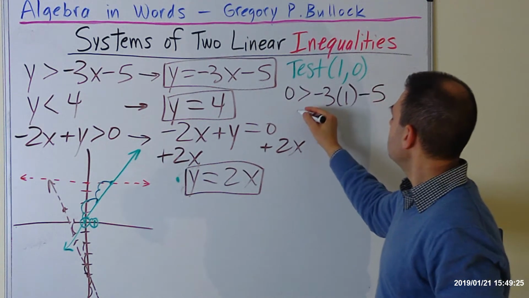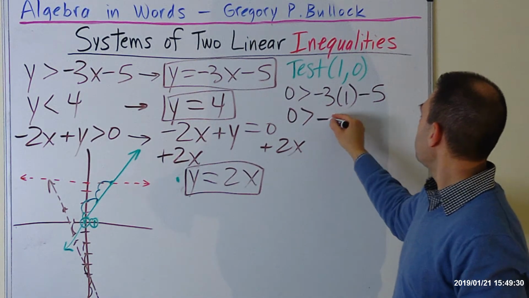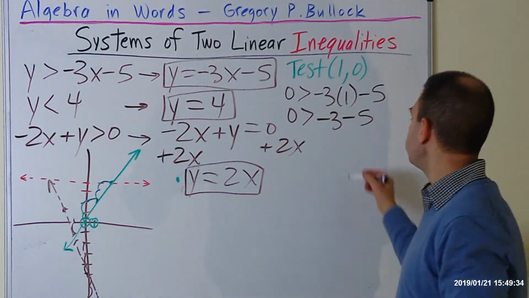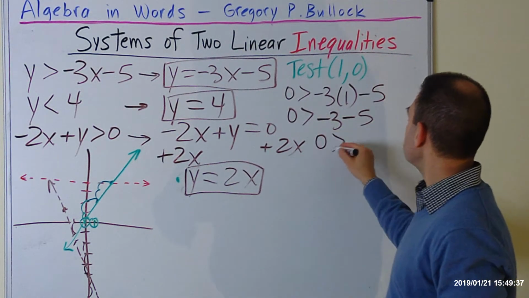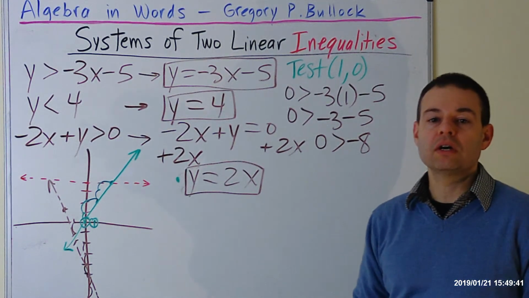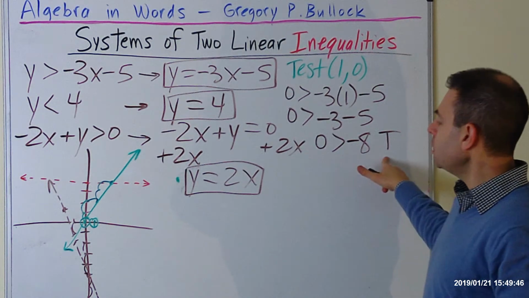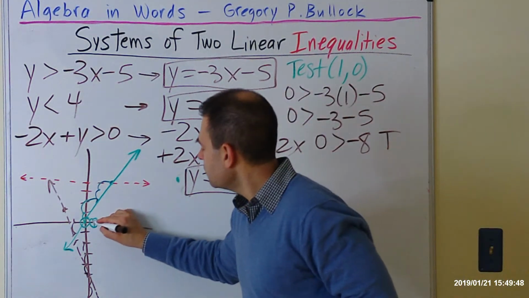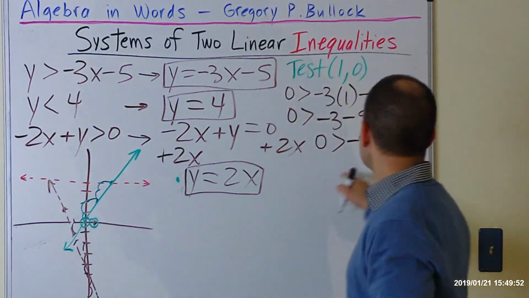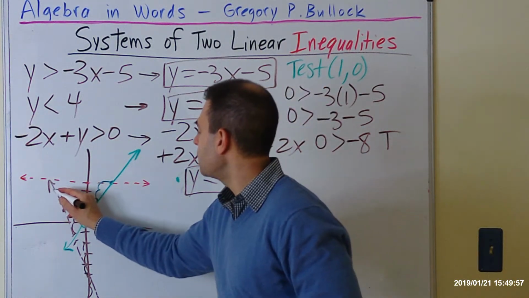So we get 0 is greater than minus 3 minus 5, and to just simplify that, 0 is greater than negative 8. Is that true or false? Is 0 greater than negative 8? It's true. So what does that mean? If our test point is here, and this is the line for the equation, it's true. So we're going to shade the side with the test point. So that would be over here.